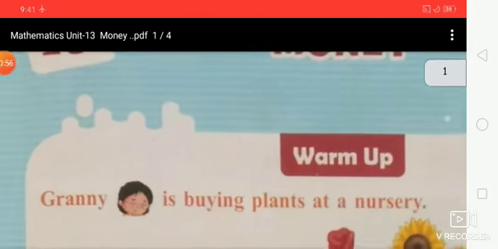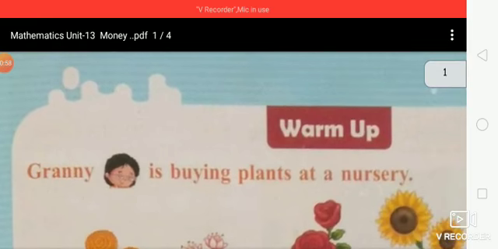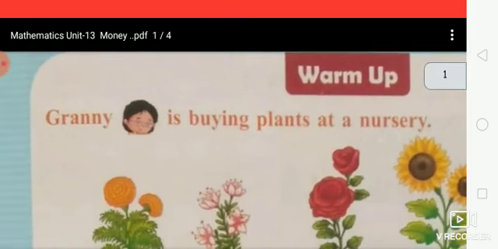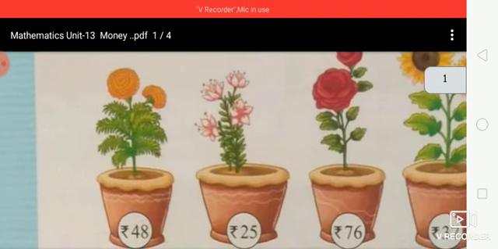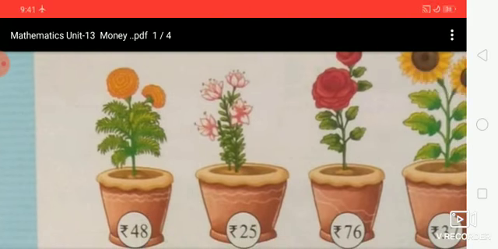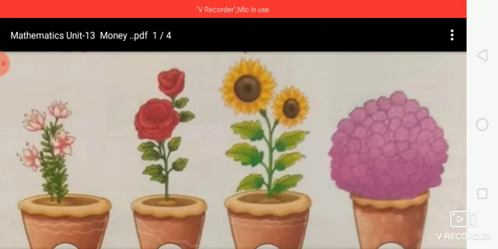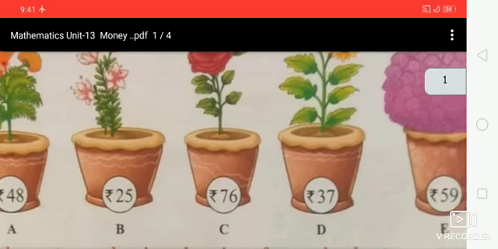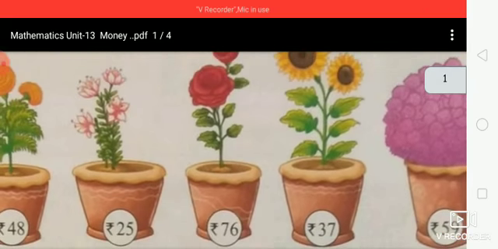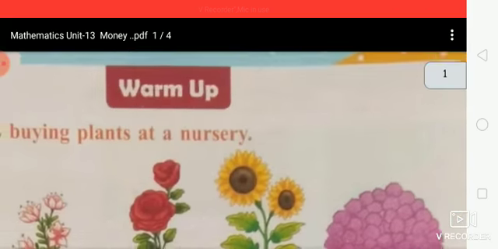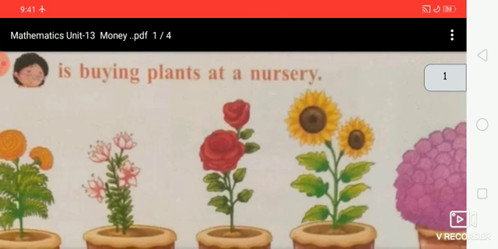Okay students, first one: Granny is buying plants at the nursery. Look here: marigold, jasmine, rose, sunflower and dahlia. Five flower pots is what Granny purchased in the nursery.